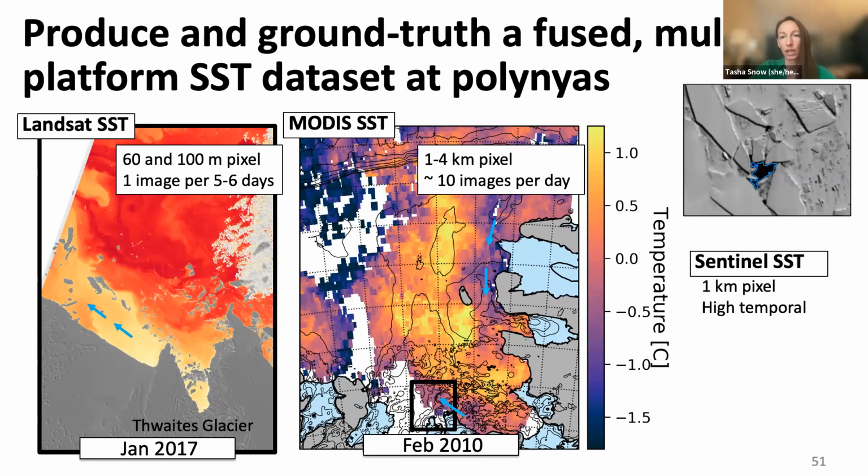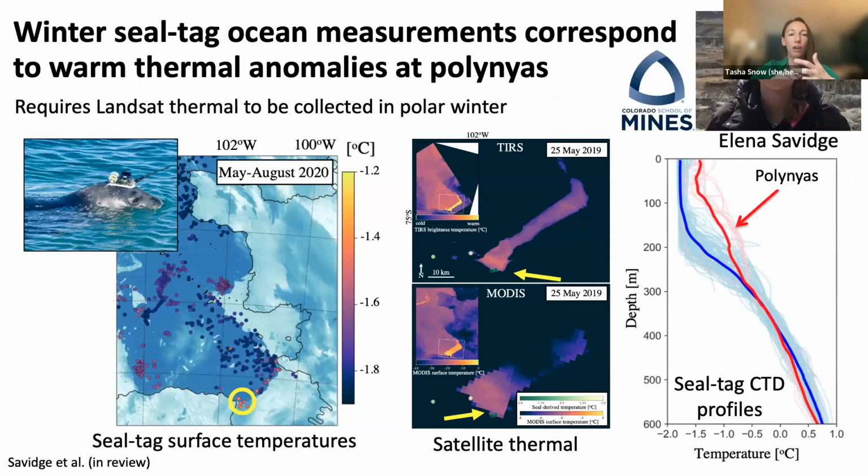We need to fuse that data in a way that allows us to take advantage of the temporal frequency from MODIS and the spatial coverage from Landsat. So with this thermal data set, we can actually start to look at these features and ground truth them using seal tag data.